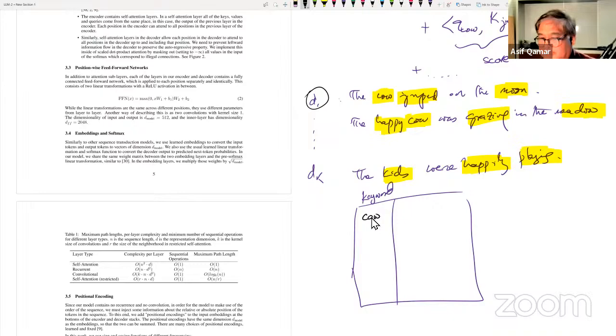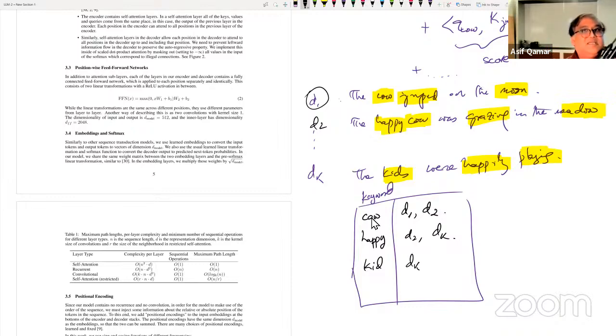It's there in D1, D2, isn't it? The word happy or its variants is there in D2 and DK. The word kid is there in DK, and so forth. So suppose you are searching. This is called an inverted index.